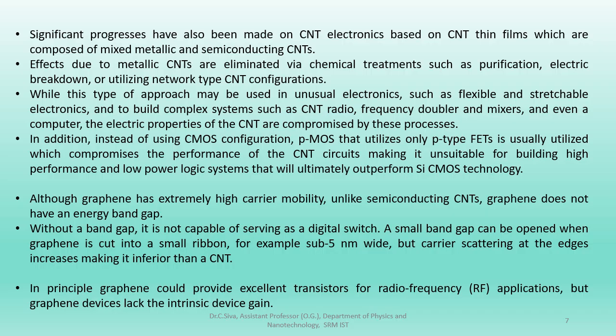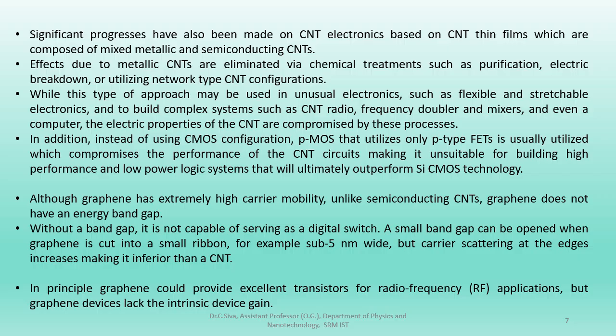CNT thin films and graphene limitations. CNT thin film electronics mix metallic and semiconducting nanotubes, requiring purification or breakdown to remove metallic parts. These can be useful for flexible or stretchable electronics, radios, and mixers, but electrical performance is compromised in these devices.